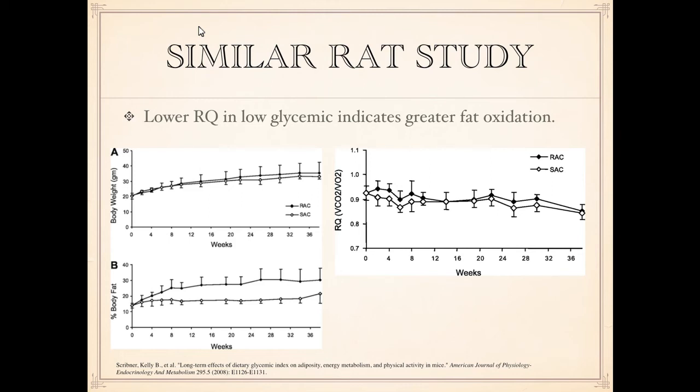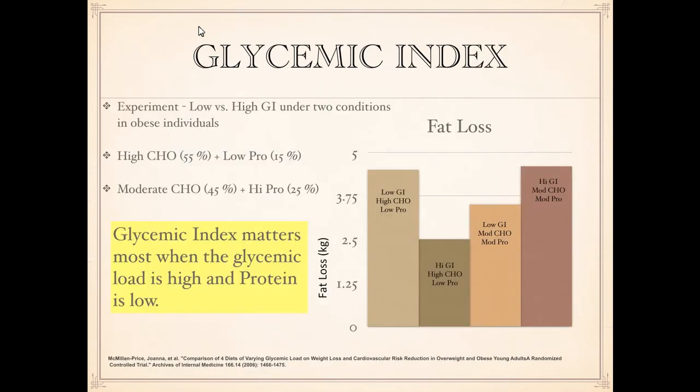And we look again that percent body fat is lower in the low glycemic than high glycemic. And this is a similar rat study, not the same. Again, you see body fat percentage is lower. But remember, these studies gave very high amounts of carbs. 60 to 70% of the diet was carbs.